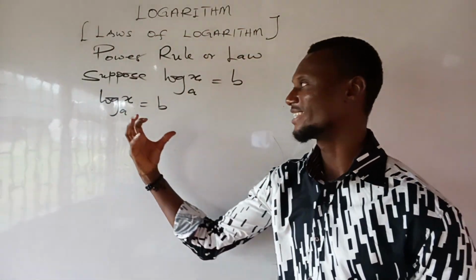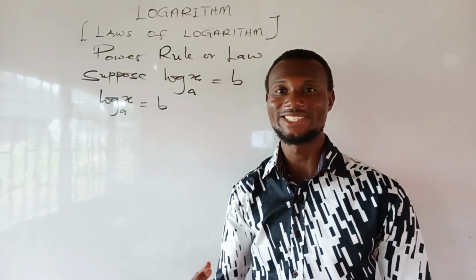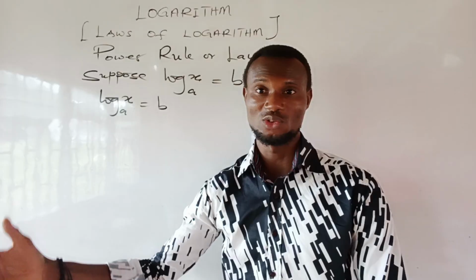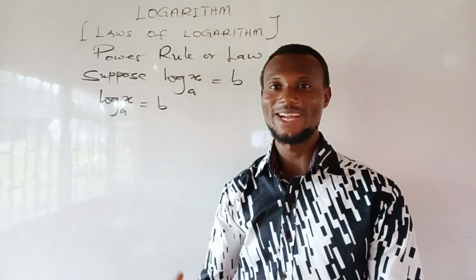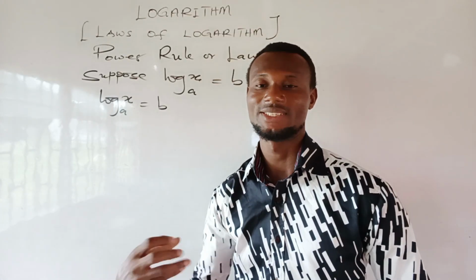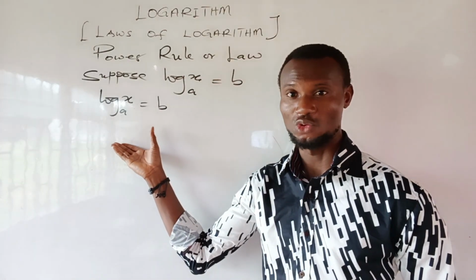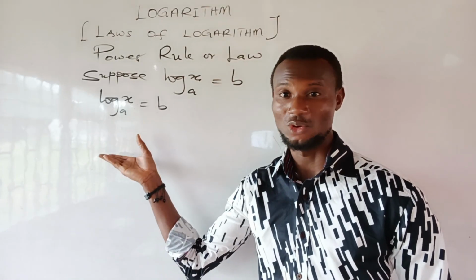So I want to write it in a form that does not contain log anymore. That is what we learned in the previous videos, how to convert basic log equations into exponential form. We want to apply that knowledge here.